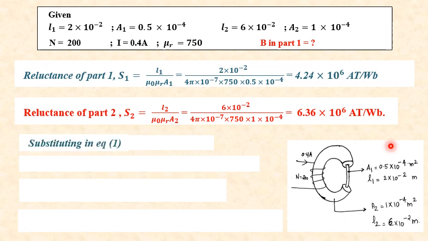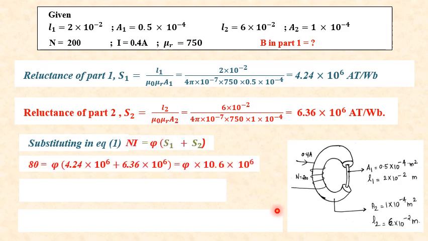So, substituting in the above equation, that is Ni equal to phi into S1 plus S2, we will be getting Ni, that is 80, is equal to phi into 4.24 into 10 raised to 6 plus 6.36 into 10 raised to 6. So from that we will be getting total flux phi as 80 by 10.6 into 10 raised to 6.